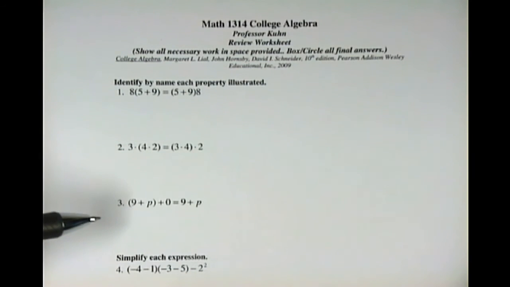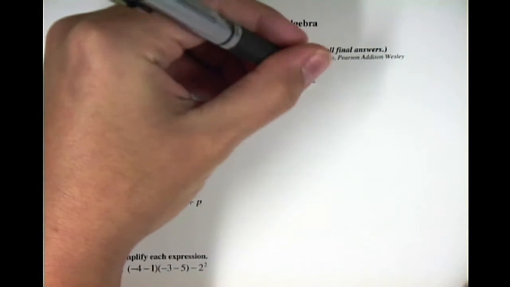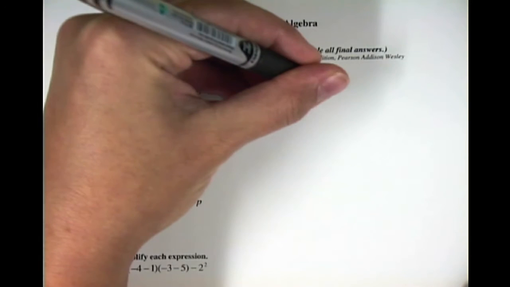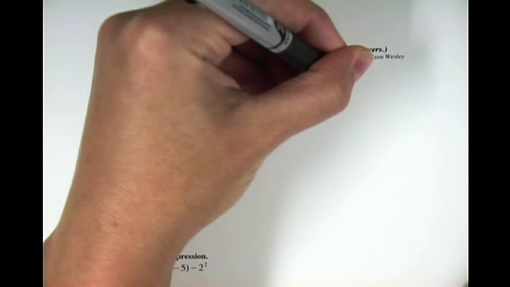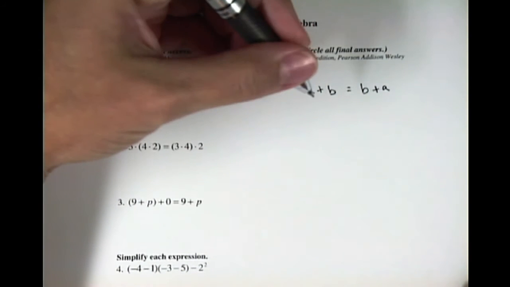Okay, there is a property called the commutative property that says, well, if you have A plus B, then that is the same as B plus A. And I know I'm left-handed and I always write in front of you guys, sorry.